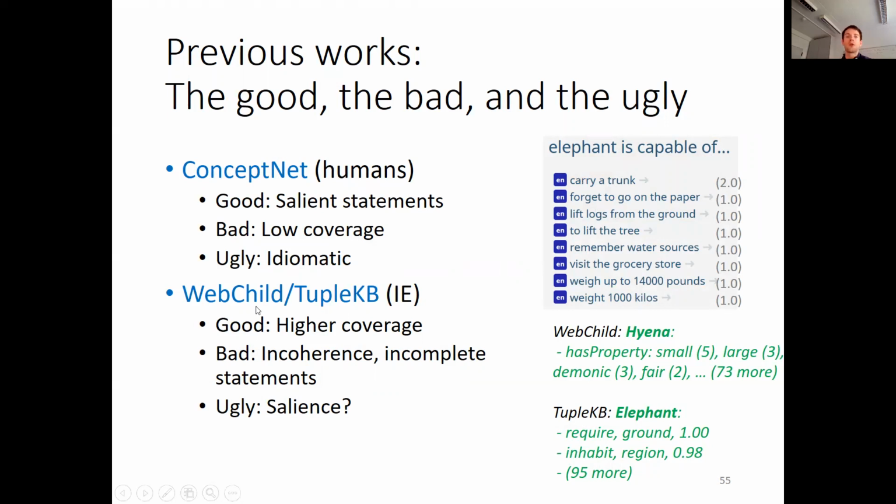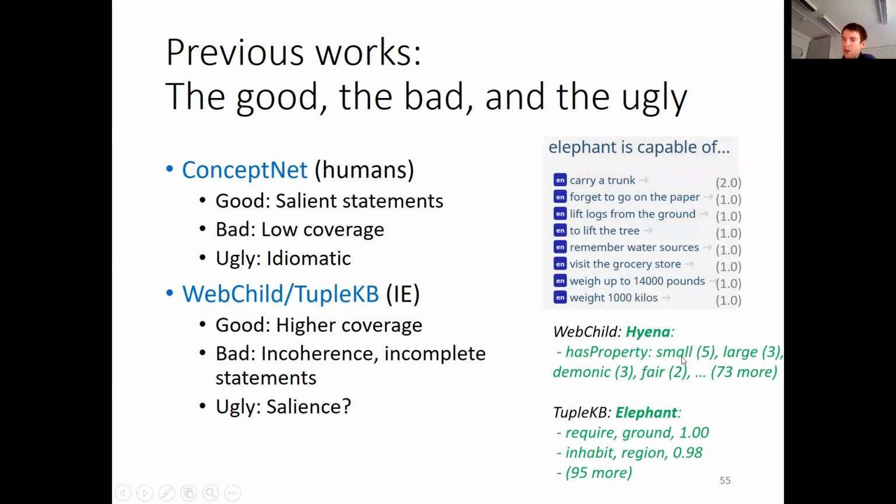On the other hand, the automated extraction approaches, WebChild and Tuple KB, have a higher coverage. However, they are incoherent and have incomplete statements, and especially ugly is that salience is not really taken into account. So in WebChild, we find adjectives that can apply to a hyena, so small, large, demonic, fair, and a lot more, 73 adjectives.